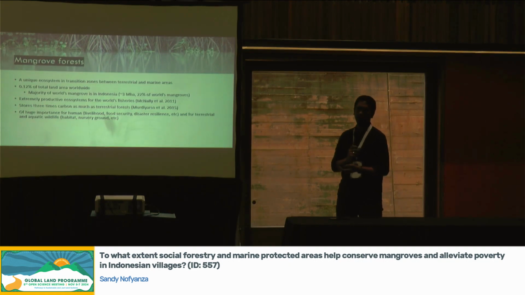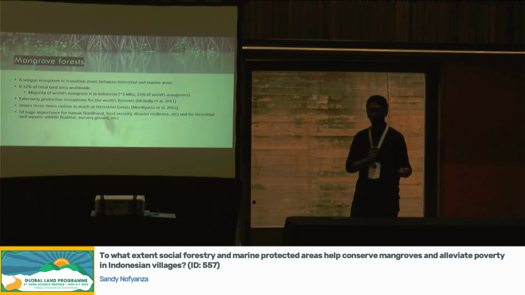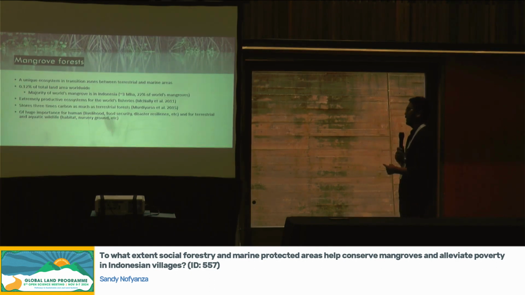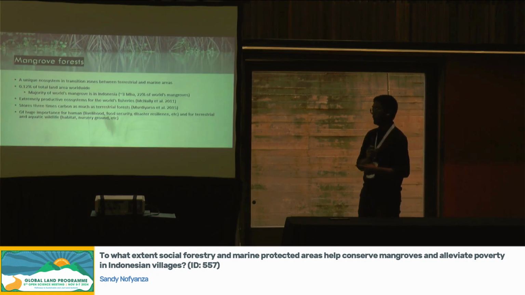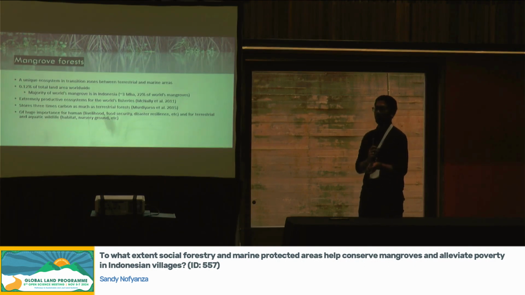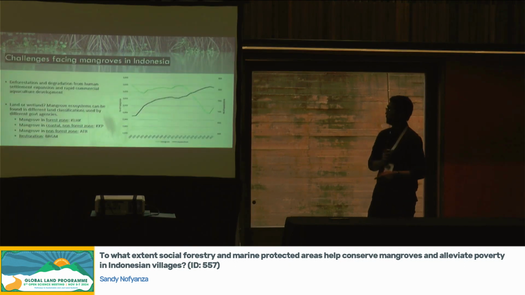Indonesian fish production is worth about 1.5 billion US dollars, and the aquaculture industry also depends highly on mangrove ecosystems. And of course, you know that mangrove ecosystem is important for both human livelihoods, human welfare, and also animals, flora and fauna that live in that ecosystem.